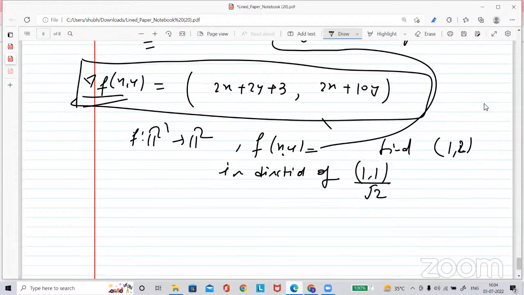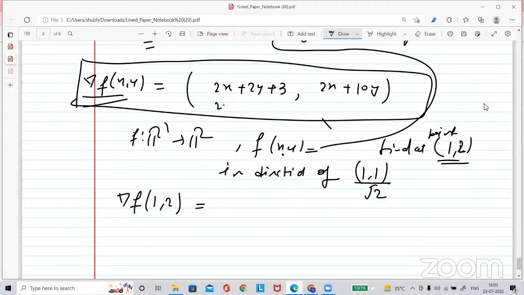So how will you find this? First find the gradient of the function at that point. Let's say the point is (a, b). We want to find it at this point, and this is the direction. Substitute the values here.